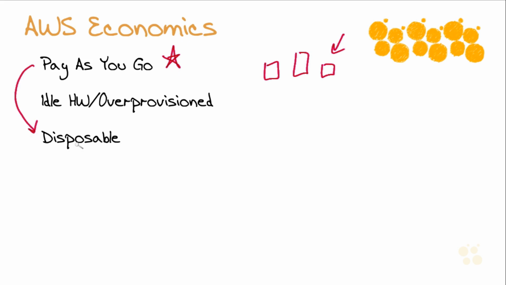Think about it. This means that resources are suddenly entirely disposable for us. What a great thing. So we can go in and we can get rid of resources we might no longer need. And sure enough, we're not paying for those resources any longer. This really does have a tremendously big impact on us.